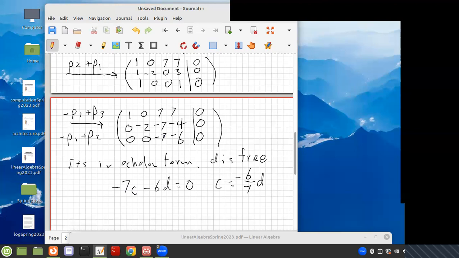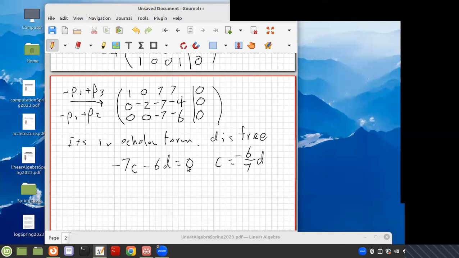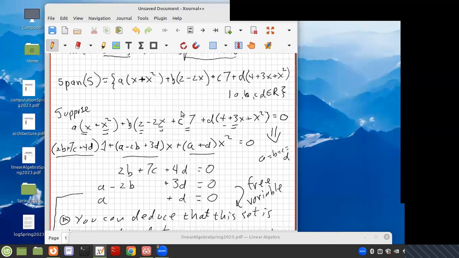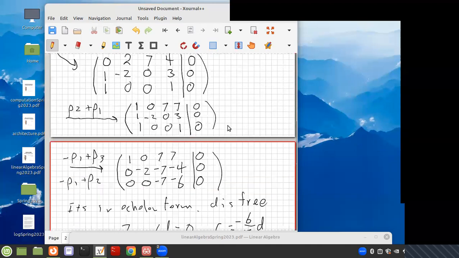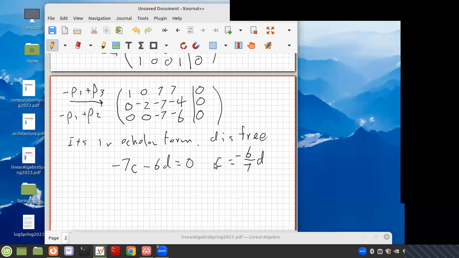So this gets you the C. And now, let's choose D equal to 7, because D is free. I could choose D equals 7 and get C equals minus 6.